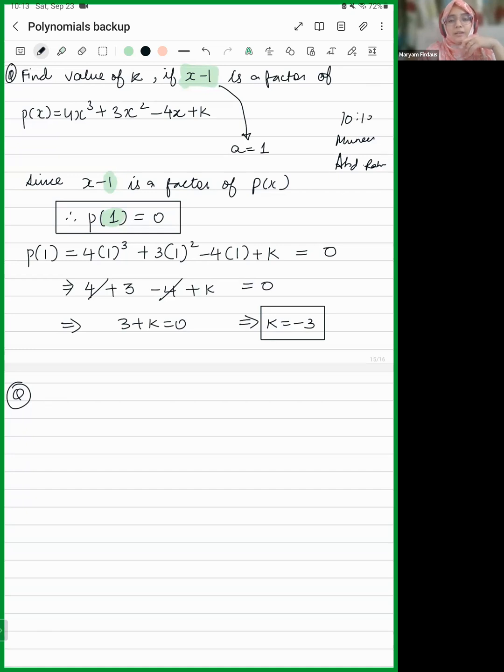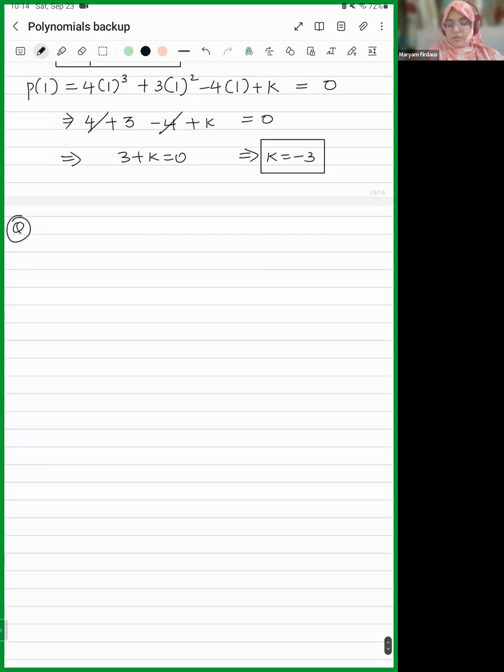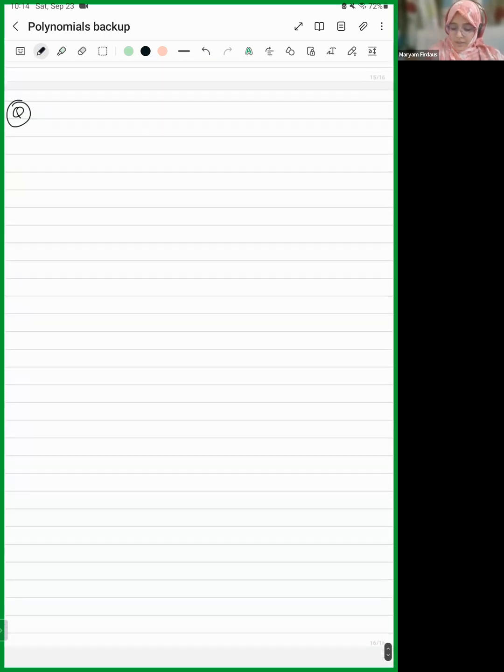You used to do that. Do you remember this? Have you ever heard of splitting the middle term method? See, I will just try to help you recall it.